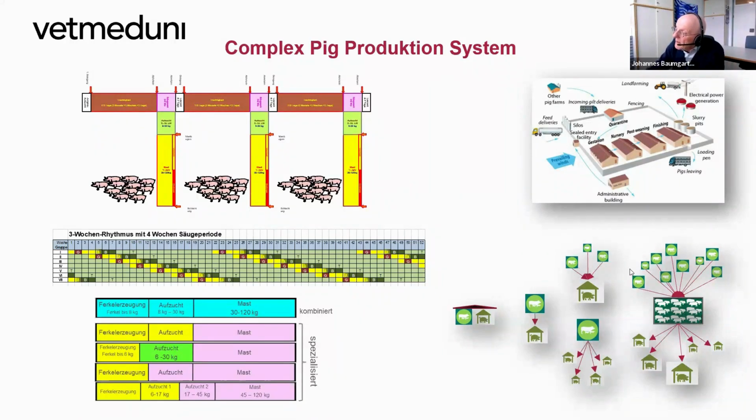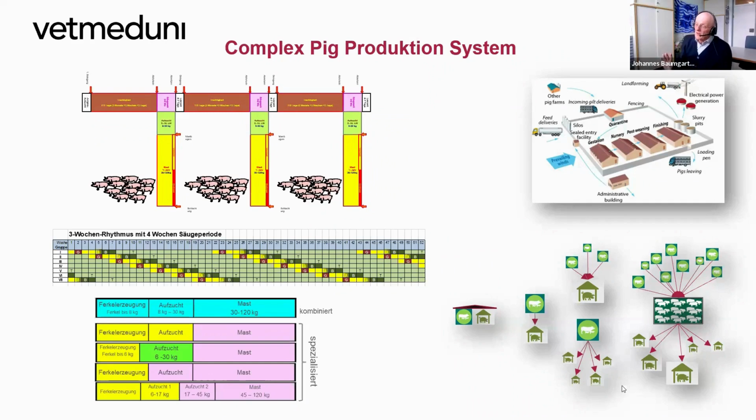But when you see it on the industry level, you will have a lot of farms producing piglets, maybe 3 farms producing piglets for 1 fattening farm. Or you have a big farm that produces piglets and spreads piglets to different fattening farms.